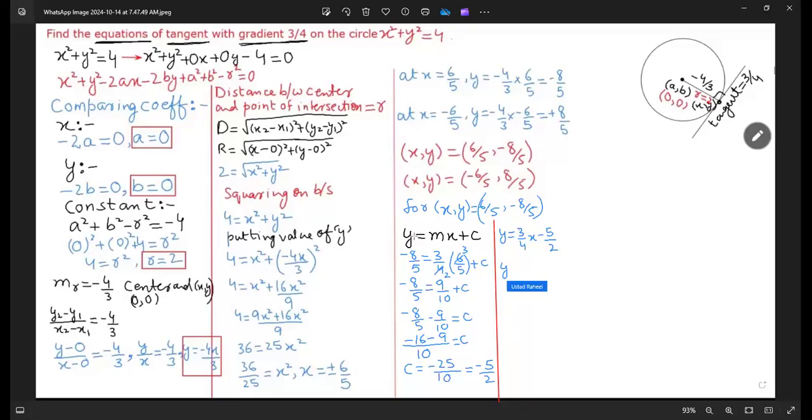So this will become y equals to, taking LCM will be 4, 3x minus 10, right? So the final result will be 4y equals to 3x minus 10. This is one equation of tangent I'm getting when I have used this value 6 over 5 comma minus 8 over 5.